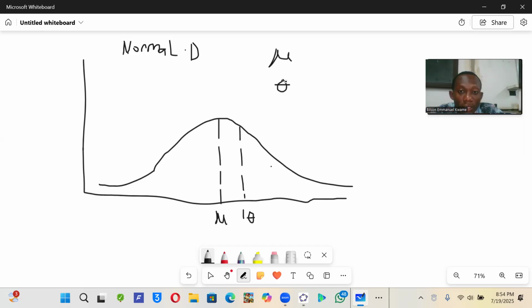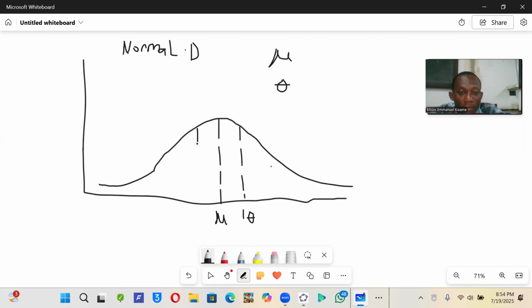So theta should be our deviation. One property of the normal distribution is that it is symmetric. That is to say, whatever is happening at the left-hand side is also happening at the right-hand side. The mean is the one that is causing the symmetry. That is, the left-hand side is a mirror image of the right-hand side.